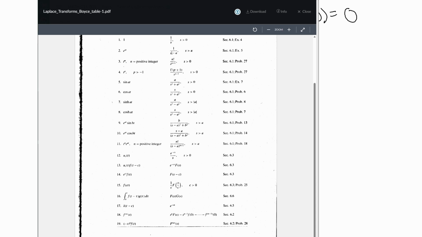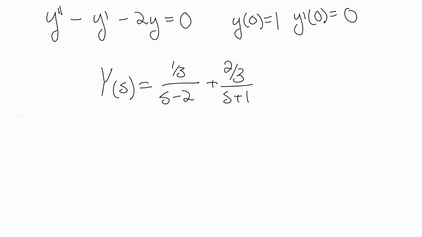We're looking at this side because now we are doing the inverse. So we're going from this back to this in order to find y of t. 1 over s minus a. Well, that kind of looks like what we have in each of our terms here, both this one and this one, except for that the numerator is not a 1 in either of these. But remember, these numbers can actually just be coefficients that are taken out of the Laplace transform.